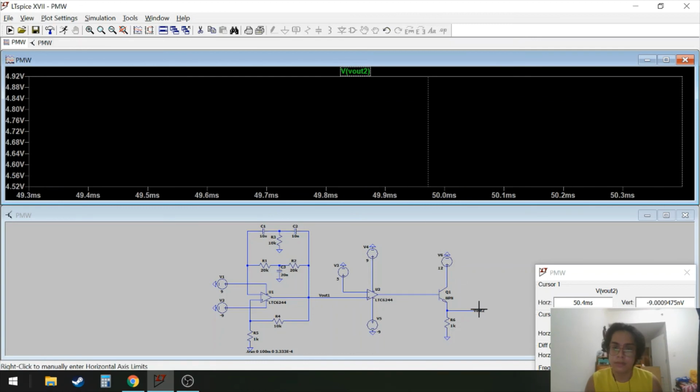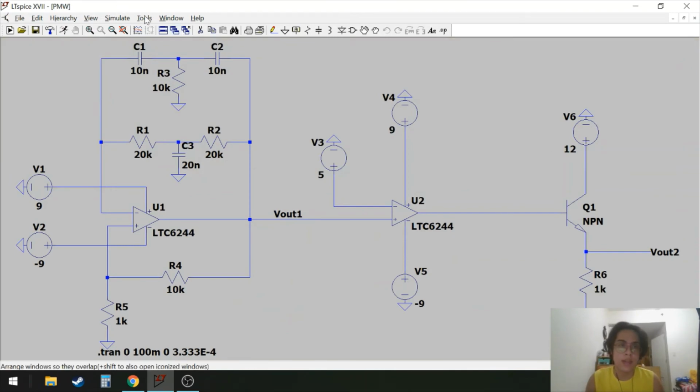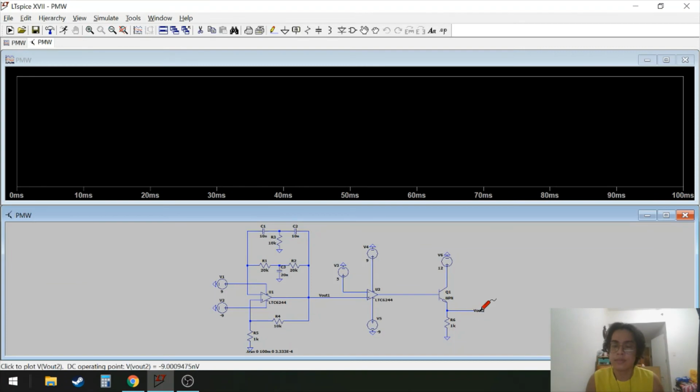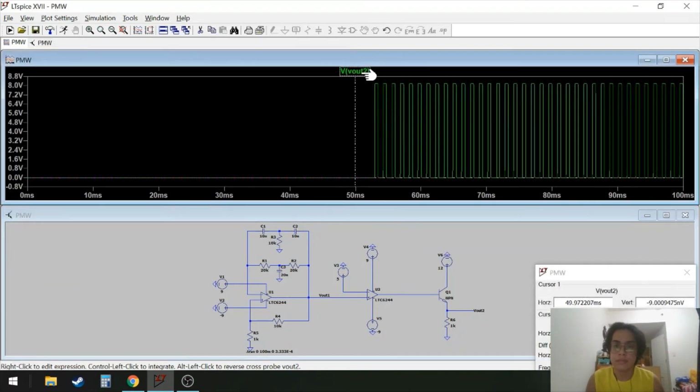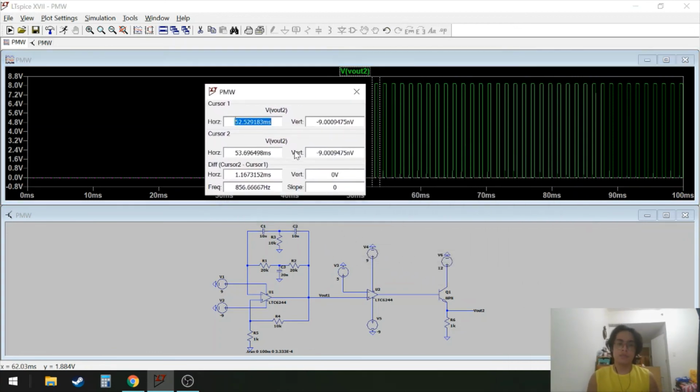Let's try that again. Technical difficulties. There you go. It is 856.66667 Hertz, which is still allowable because, again, our range is 100 Hertz to 1 kilohertz.